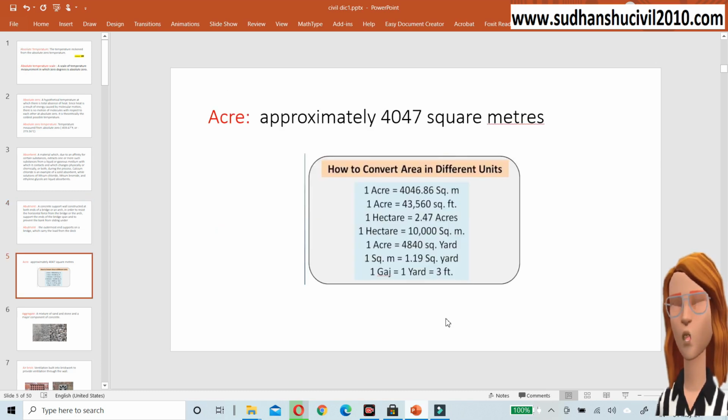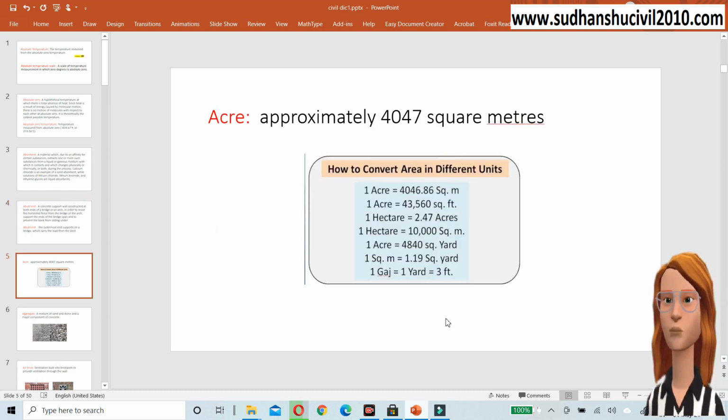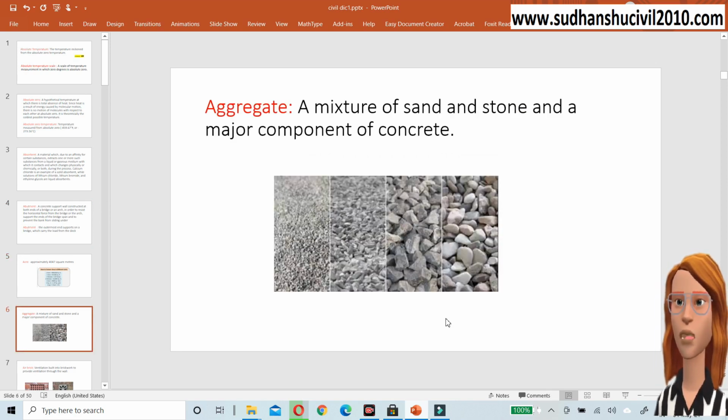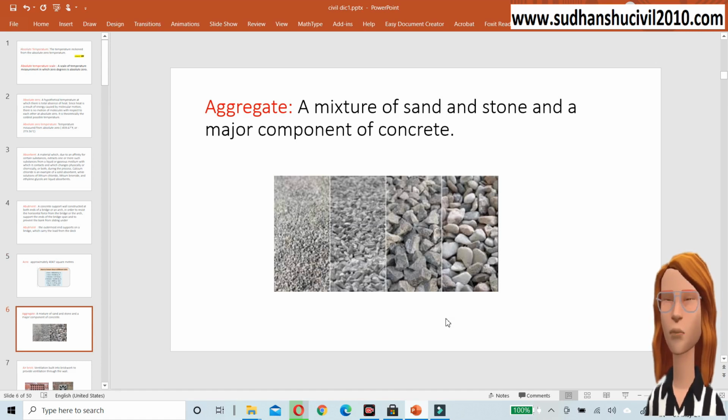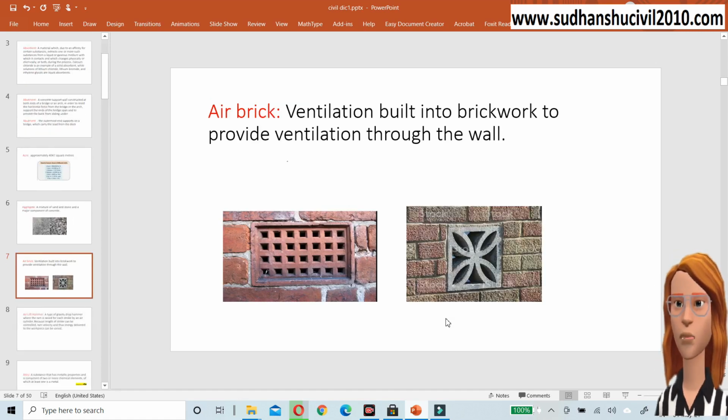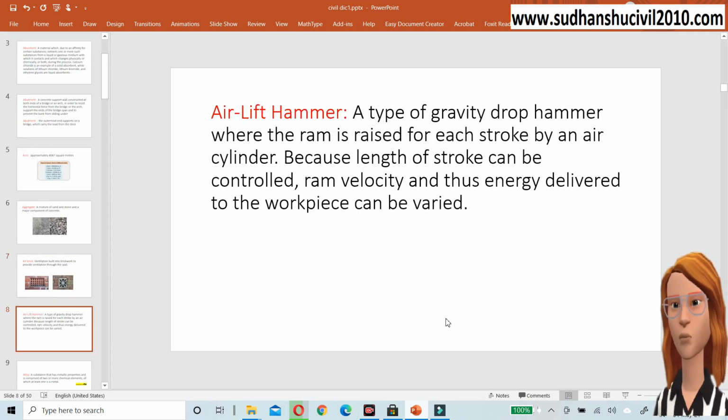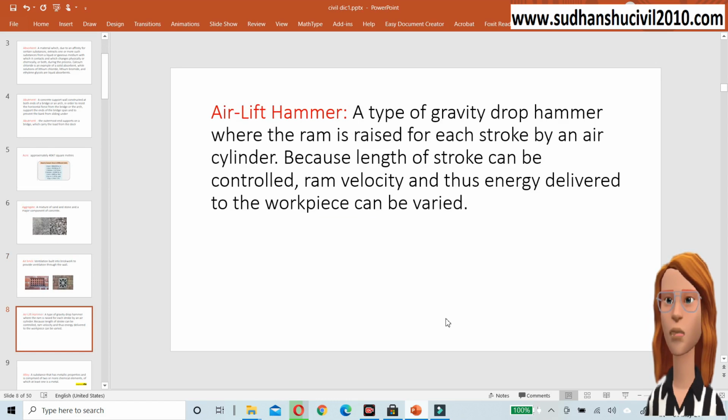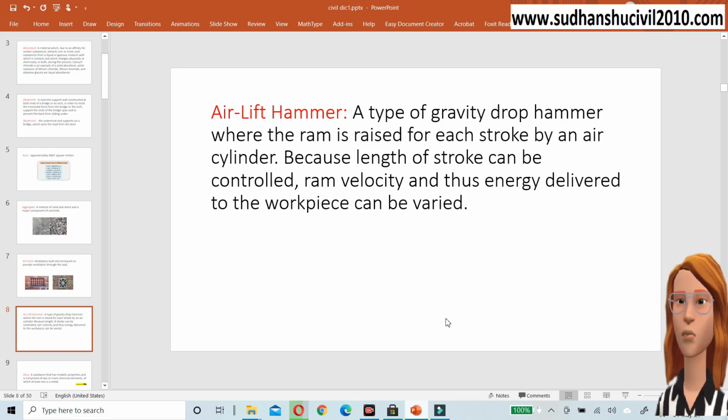Approximately 4,047 square meters. Aggregate. A mixture of sand and stone and a major component of concrete. Air brick. Ventilation built into brickwork to provide ventilation through the wall.